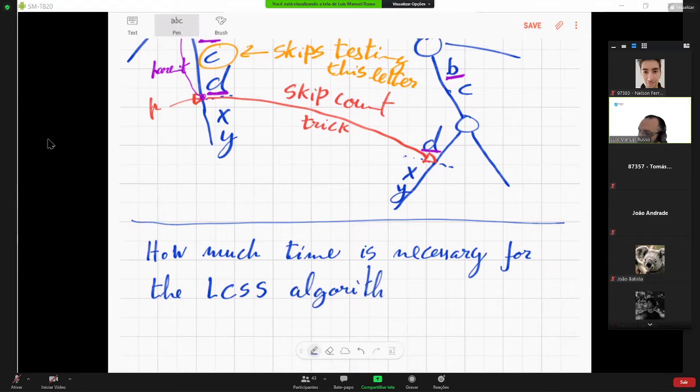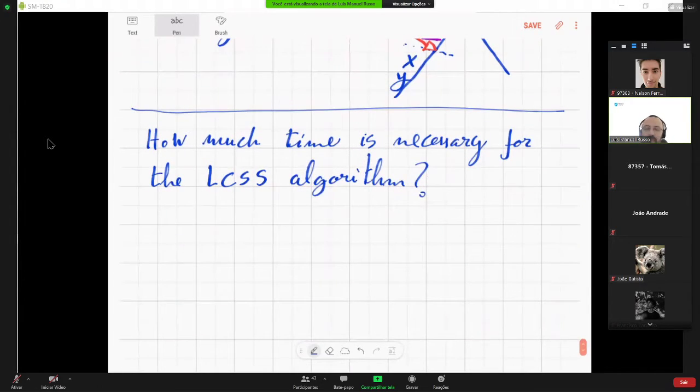This is actually a tricky question. To answer it, let's do a first analysis, which is incomplete, where we assume that suffix jumps are constant time.